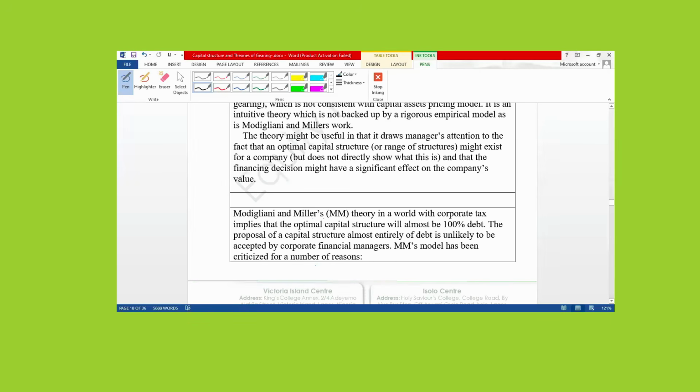Modigliani and Miller said where there is taxation, companies should finance their business with debt to the practicable level if you are to maximize your value. What we call optimal capital structure is that capital structure that minimizes cost and maximizes value.